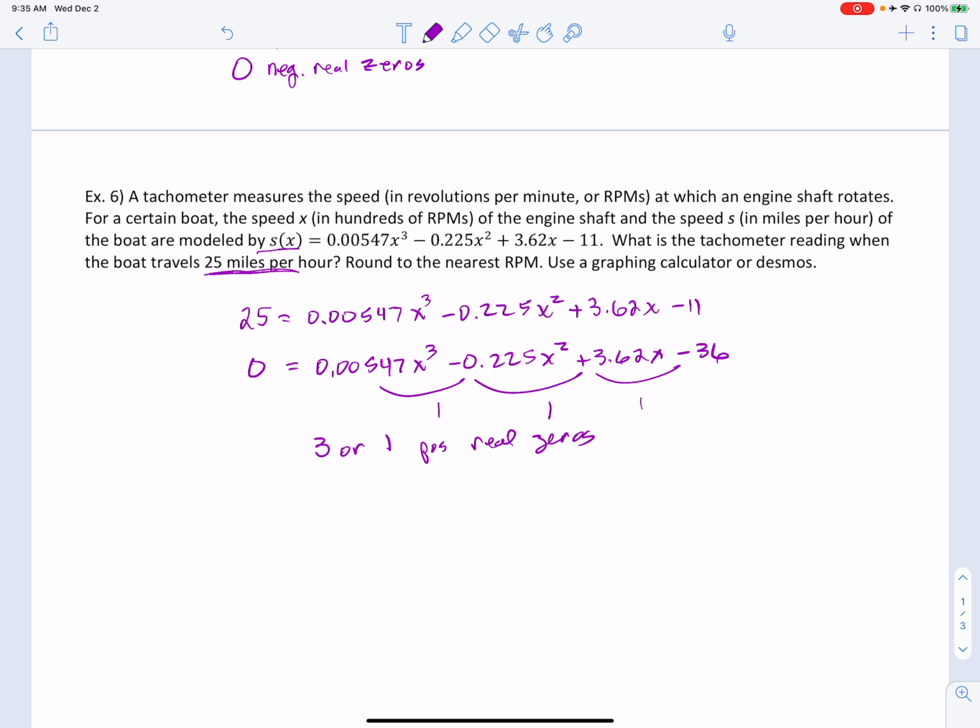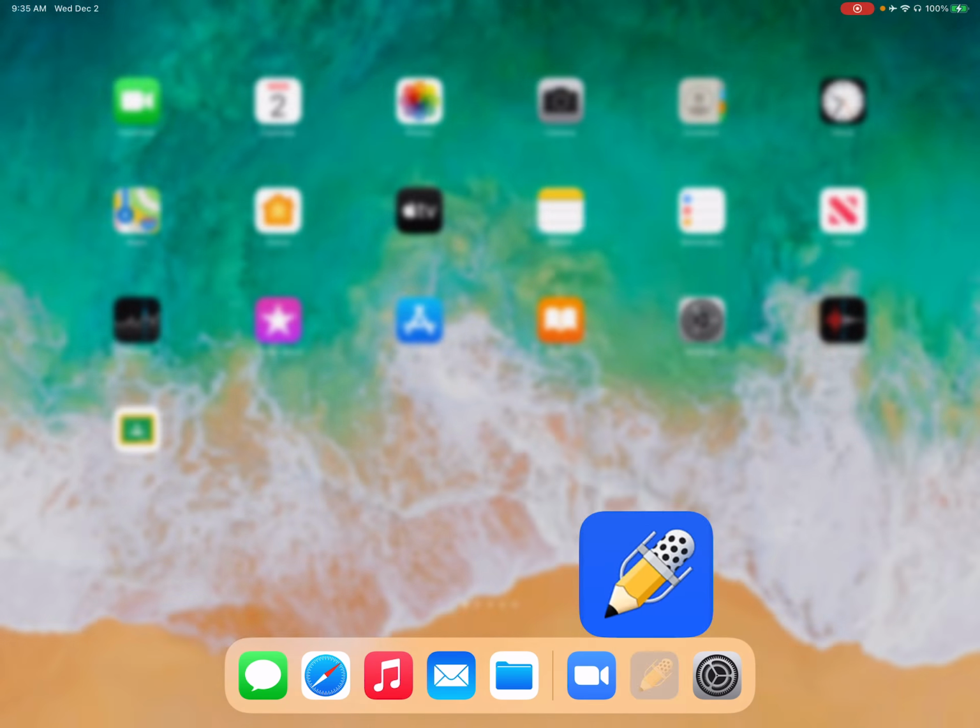Now, x won't be negative, so I'm not going to bother checking f of negative x because the negative zeros I'm not interested in because that doesn't make sense for this application. And so now we know it has to at least cross once on the positive x-axis. It could actually cross up to 3 times, but we're going to go ahead and put this into Desmos and graph it.